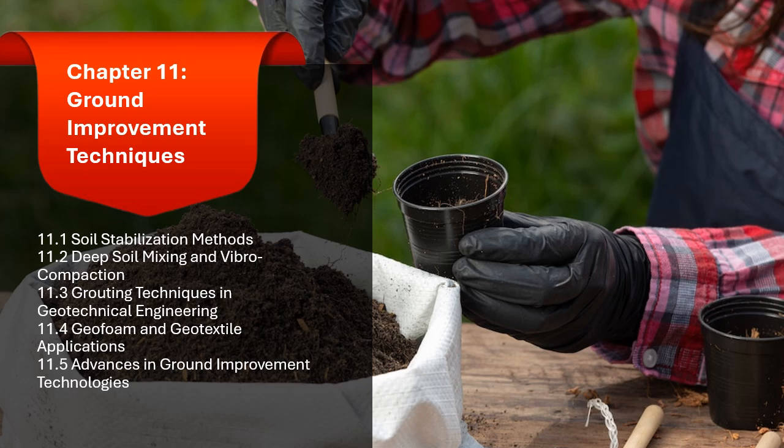Purpose: the heat reduces the soil's volume changes and stabilizes its structure. Applications: common in areas with highly expansive clays or soils prone to significant volume changes with moisture fluctuations.